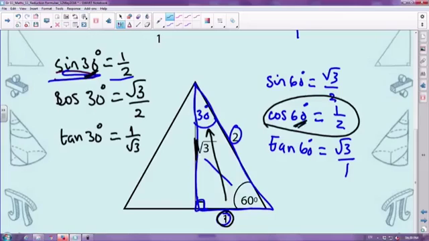So the co-ratios: sine of 30 is sine of 90 degrees minus 60, all right? 90 minus, first quadrant, but because of the 90, sine will have to change to cos. Now, if you look at your cos of 30, it is equivalent to your sine of 60, and then we get the square root of 3 over 2 for both. Okay.